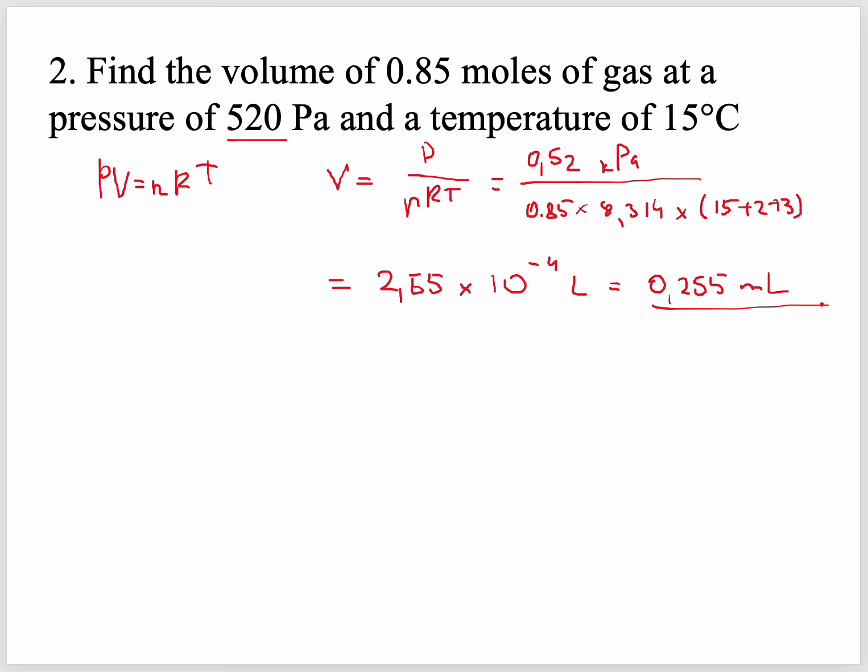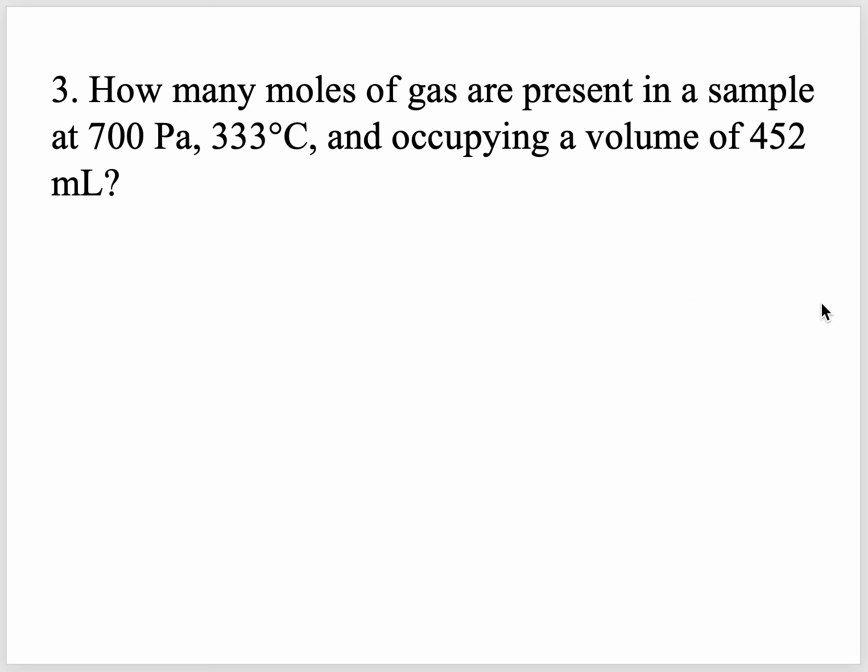Next question: how many moles of gas are present in a sample at 700 pascal, 333 degrees Celsius, occupying a volume of 452 milliliters? Again PV = nRT, and you are finding the number of moles.